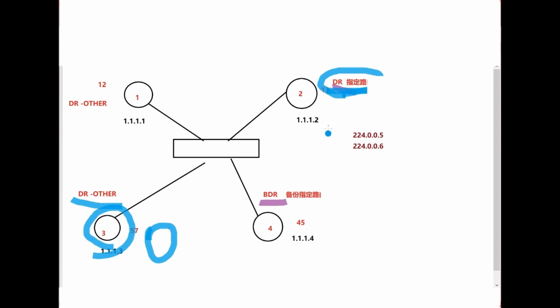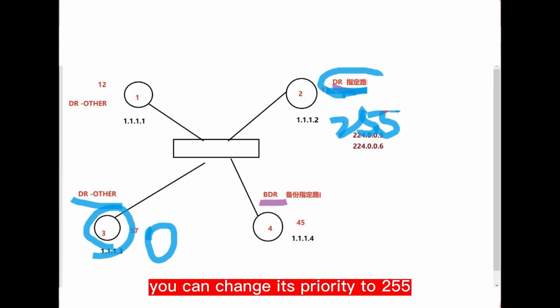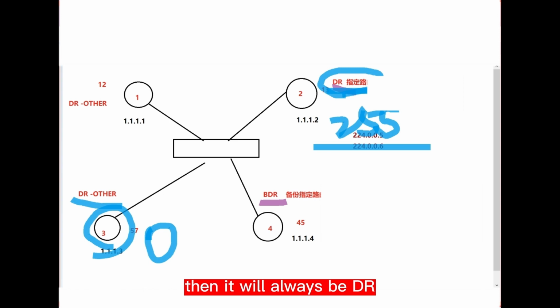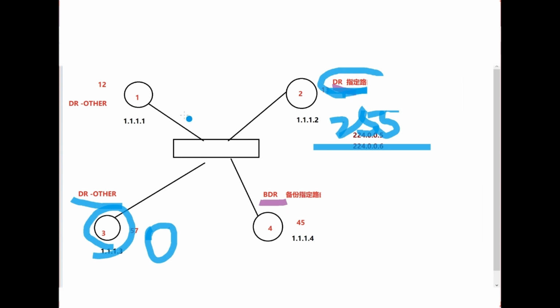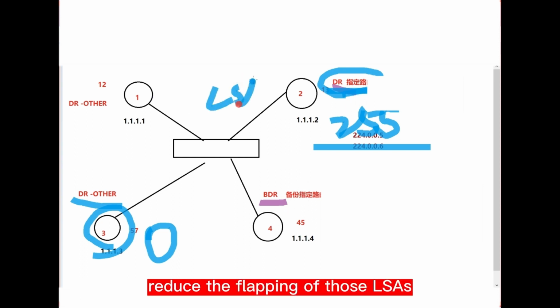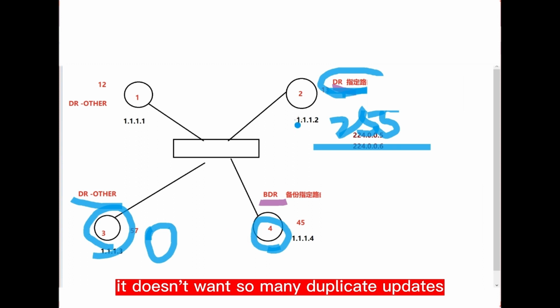If you want a device to be DR forever, you can change its priority to 255, and it will always be DR. The role of DR and BDR is to reduce the flapping of LSAs under a broadcast domain, reducing useless flapping. A device doesn't want so many duplicate updates.